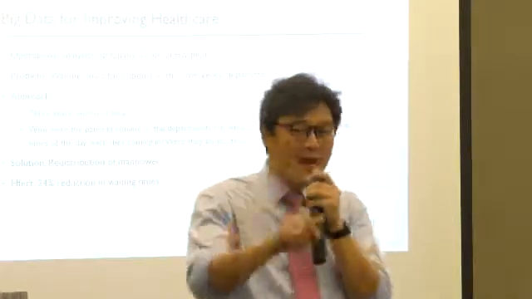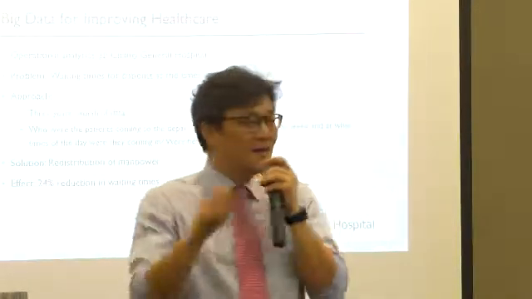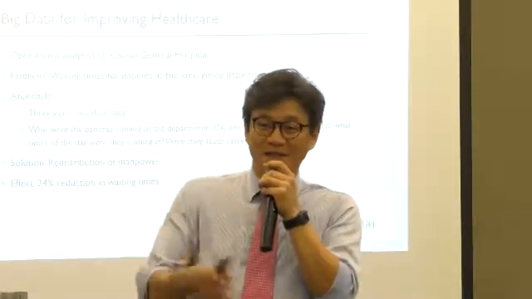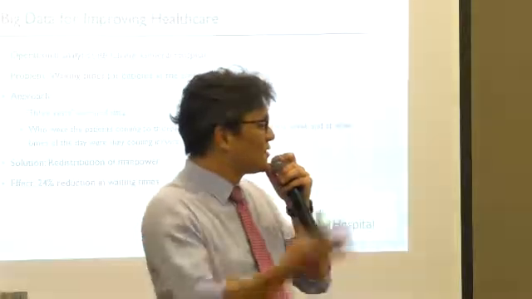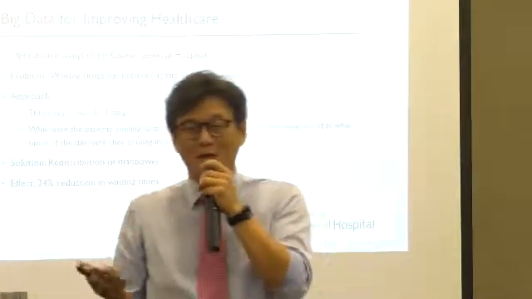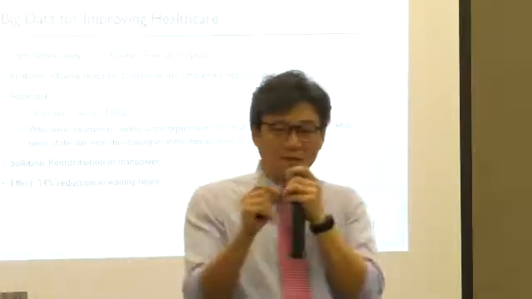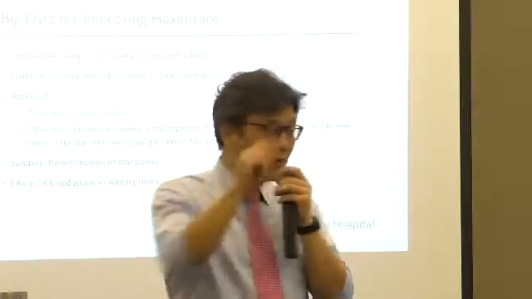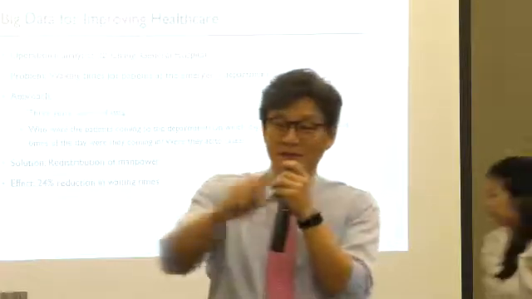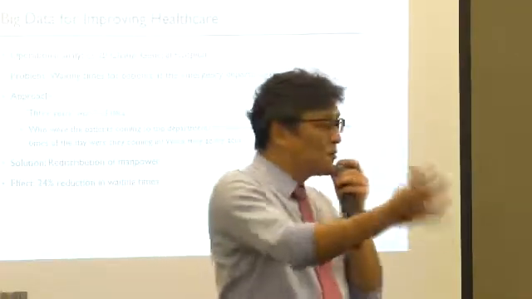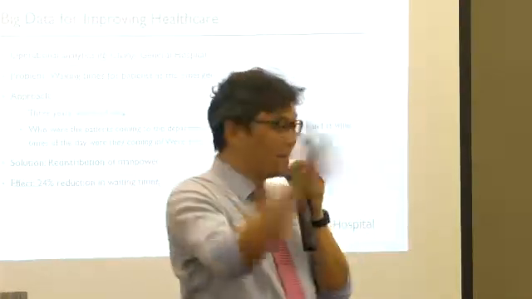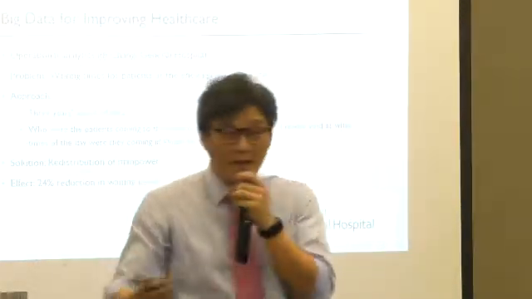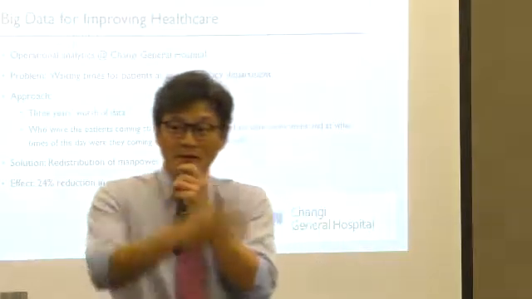Now, if we know the demand for healthcare, meaning if you have a lot of broken legs coming in on Monday mornings from kids playing soccer on Sunday afternoons, if we know the time at which these accidents occur, then we can reallocate the timetable of the doctors such that there are a lot more orthopedic surgeons manning the emergency department at that time, and so we can increase the throughput of the patients.